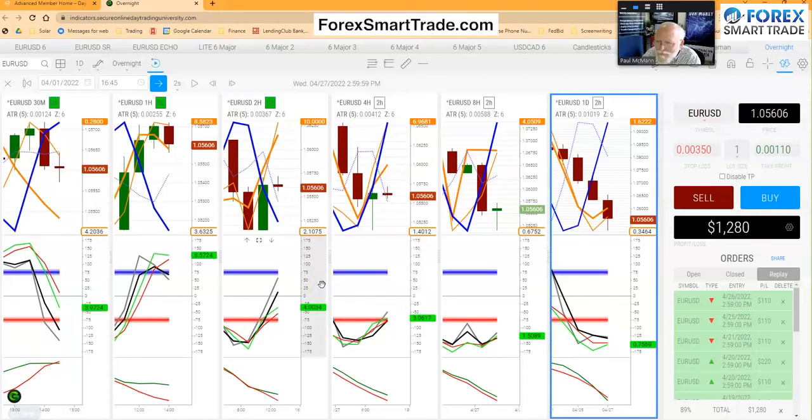Well, the 8 hours kinked up, the 1 day is kinked up. I believe it's going to be a buy. I would agree with you. We get the green line kinked up here, and it's kind of sideways, as you said. So I'm going to look over to the 8 hour. These guys are kind of going up, and they're crossed. So I'm going to go ahead and take a buy.